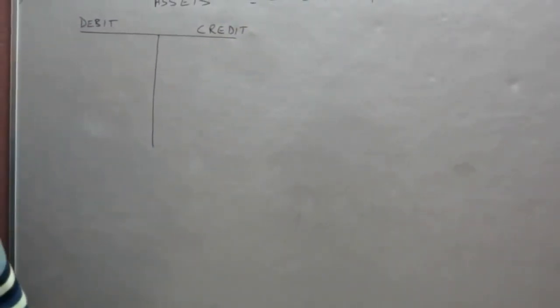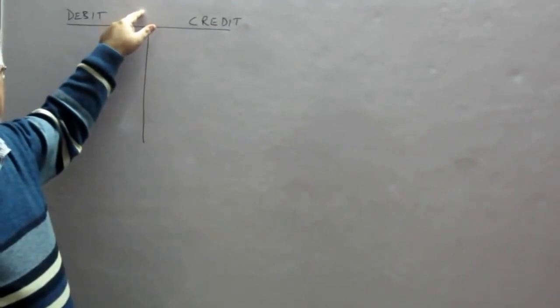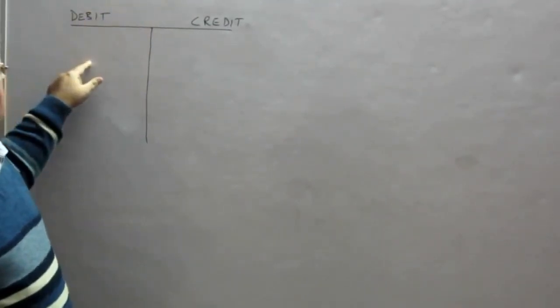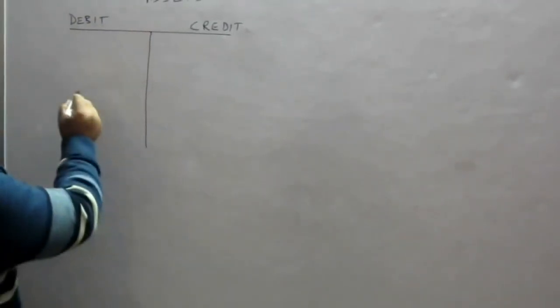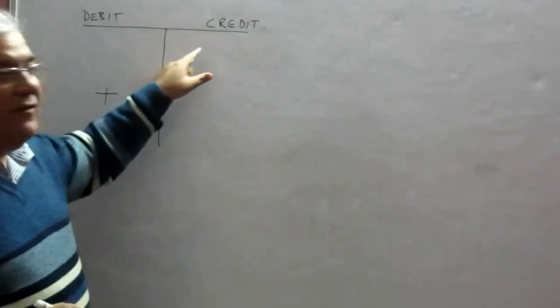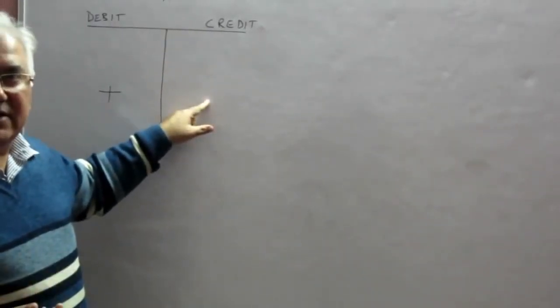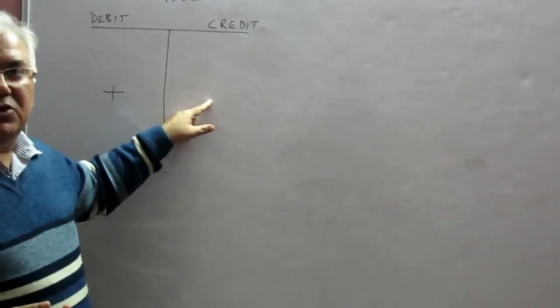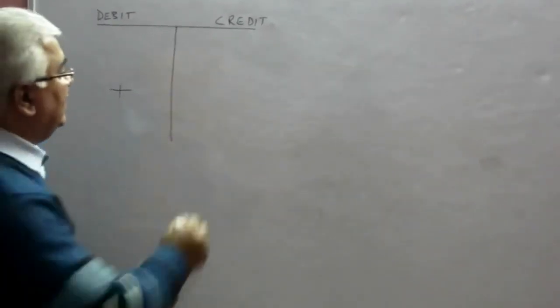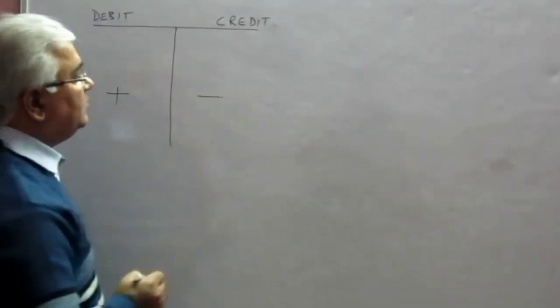Now for assets we traditionally use the left hand side for additions. That means all the additions which you make to an asset are recorded on the debit side, and whenever there is any subtraction to be made, for example if we sell an asset, it is to be reduced from the total, then the credit side is used.